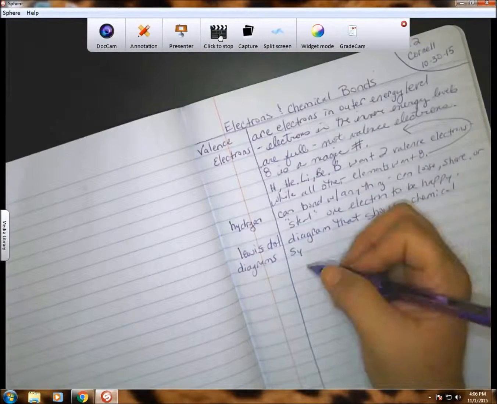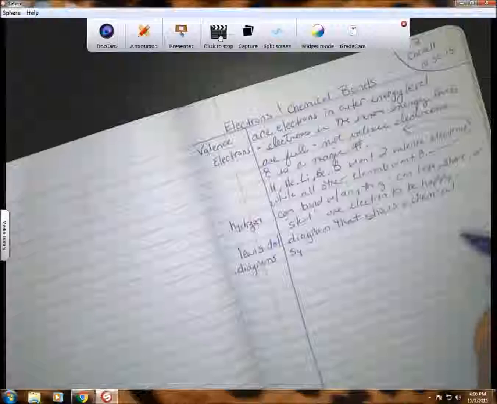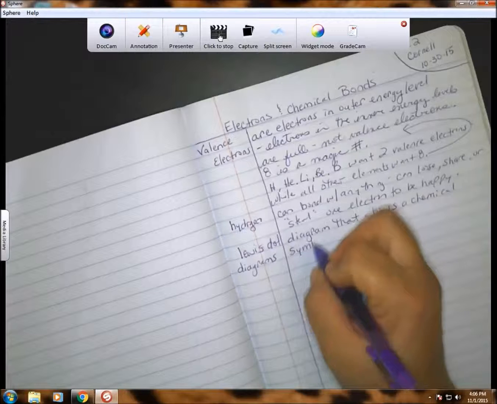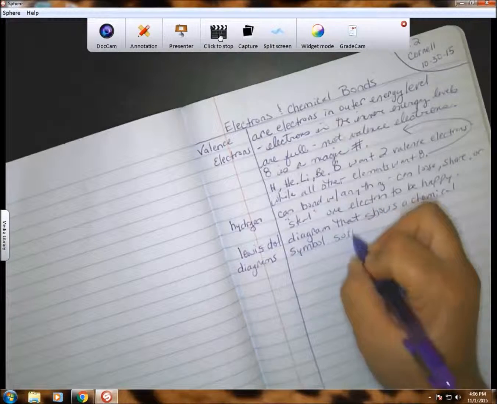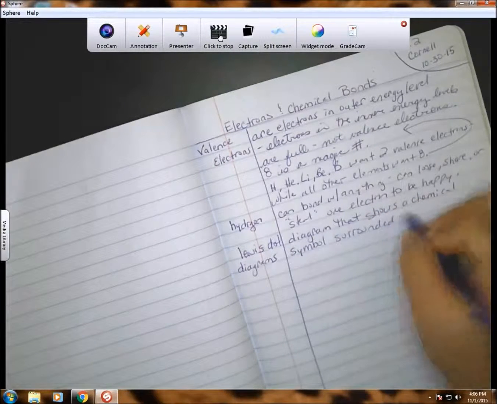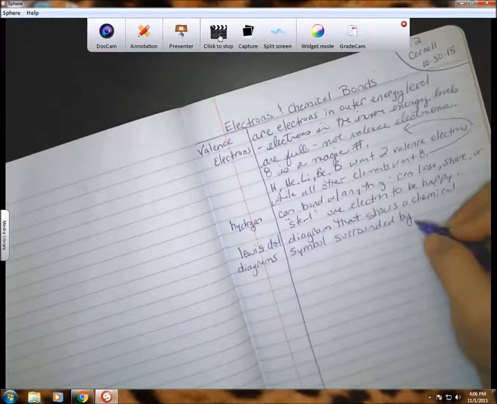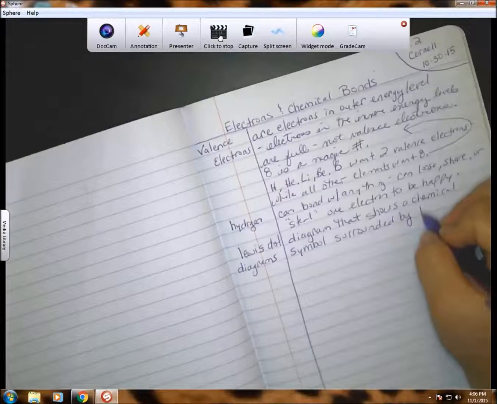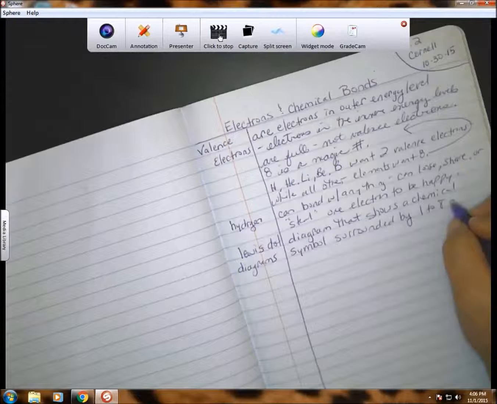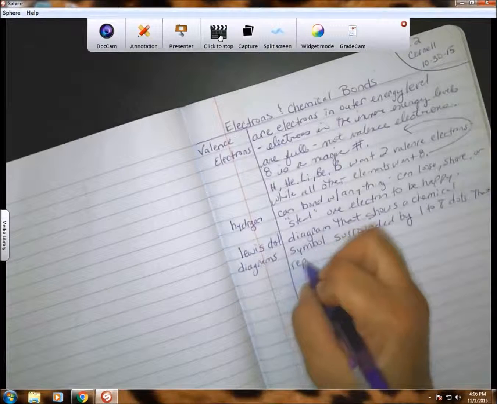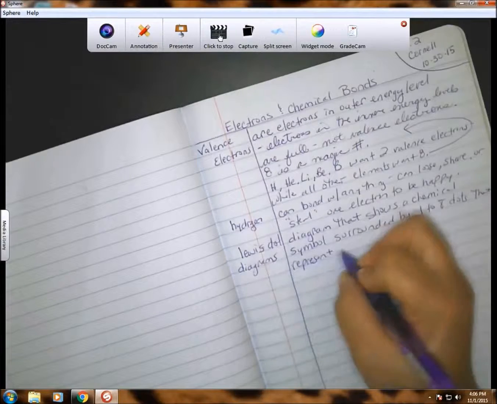You know what chemical symbols are. Okay, a diagram that shows a chemical symbol surrounded by 1 to 8 dots that represent valence electrons.